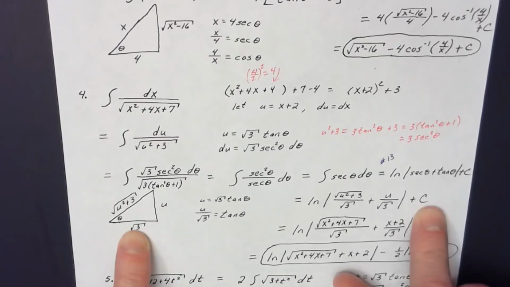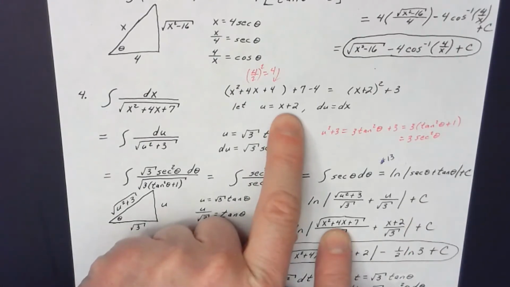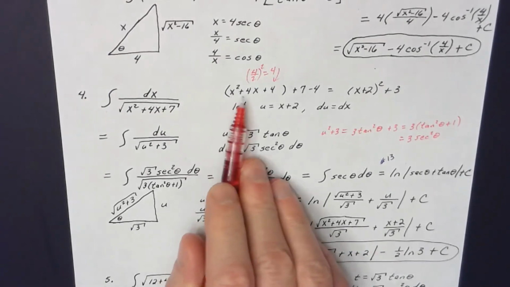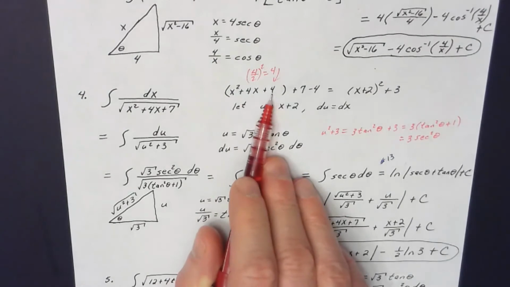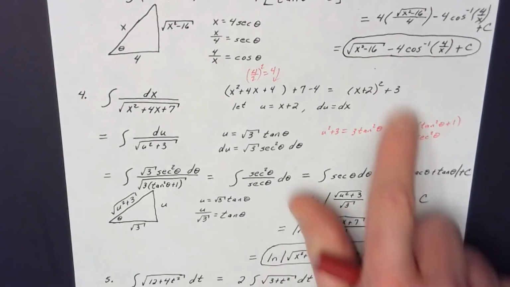The only thing I have to do from that point is go ahead and back substitute. We know that u is equal to x plus 2. So I can say, well, then u squared is x plus 2 times x plus 2, which we know is x squared plus 4x plus 4. So you can say, well, that's x squared plus 4x plus 4 plus 3.